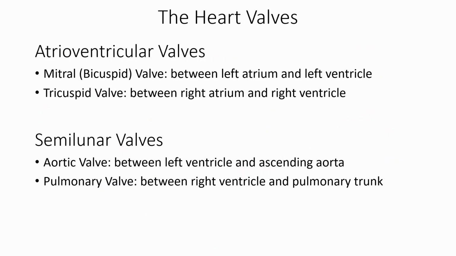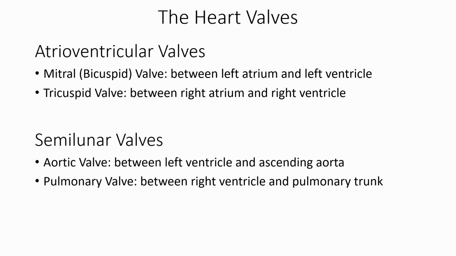And if we remember, we had those valves, right? I've just been calling them tricuspid and bicuspid and whatnot, and semilunar valves, but let's go ahead and give them some better names than that. The bicuspid and tricuspid belong to the category called the atrioventricular valves. Atrioventricular, right? Because these are valves between the atria and the ventricles.